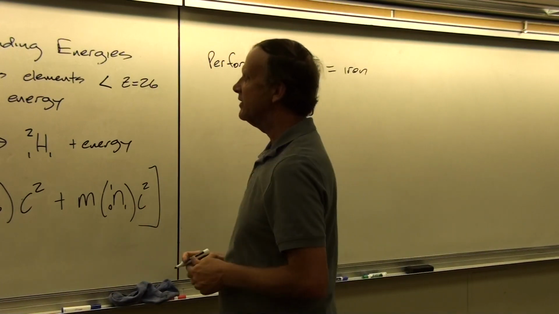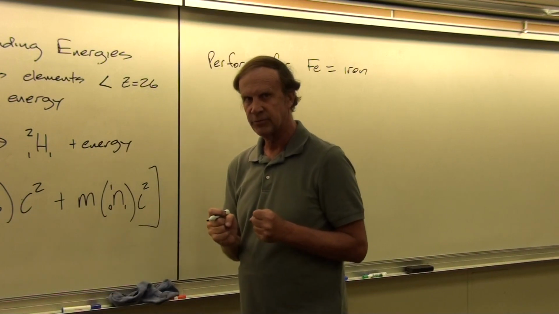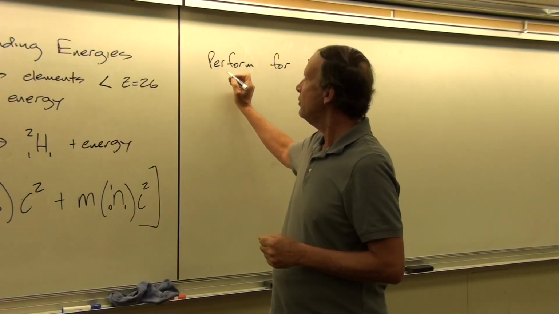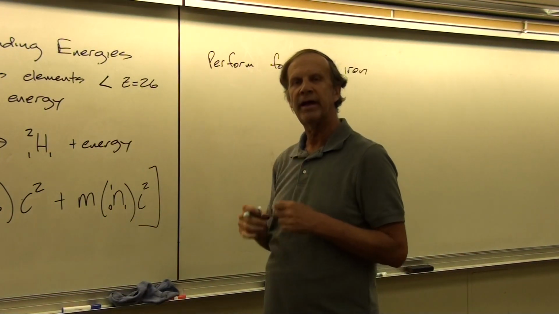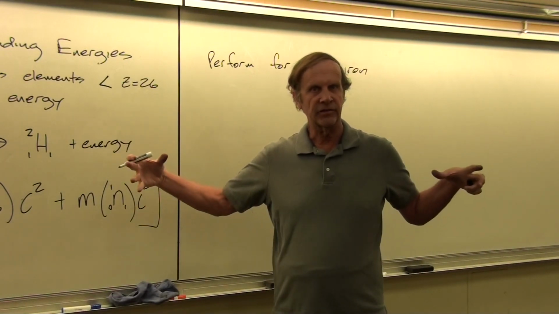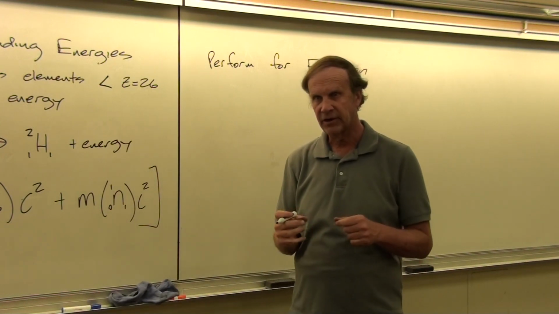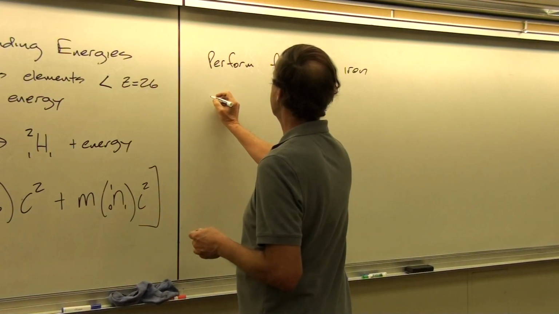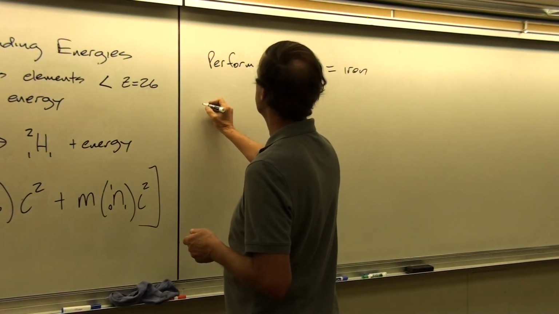So what we might ask ourselves is, in the state of the nucleus in which we have the iron atom, how is the weight of that iron atom related to the weight of all the little protons and neutrons that are separated that make it up? And so when we do this, what we find is that we have to take it apart and look at the masses of all the individual pieces.